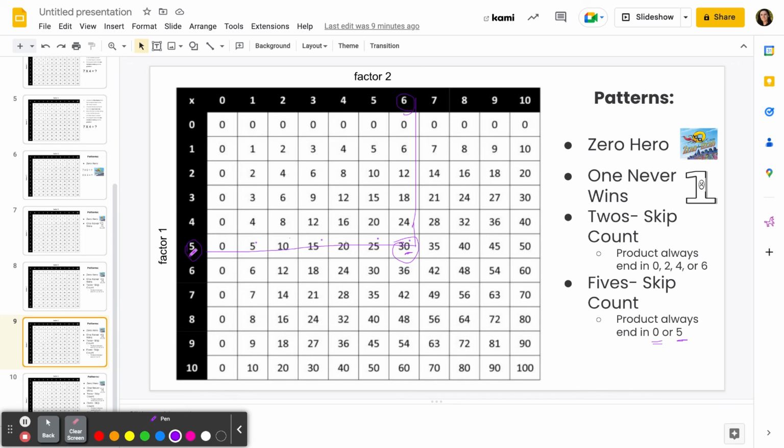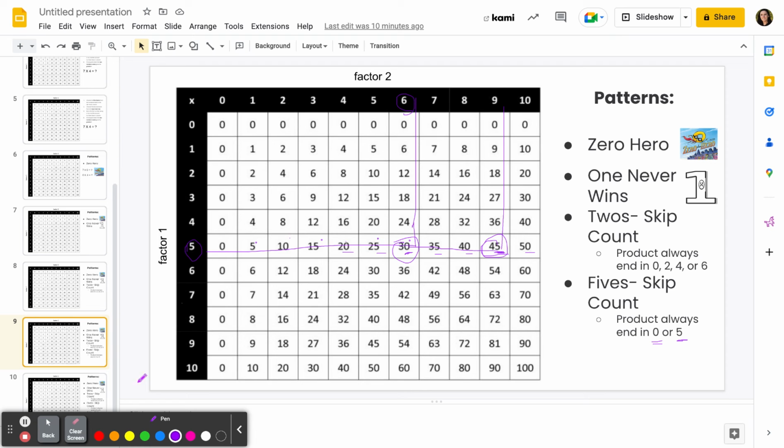Let's try 5 times 9. I'm going to skip count 9 times. 5, 10, 15, 20, 25, 30, 35, 40, 45. 5 times 9 equals 45. My product ends in 5. We always have a 0 or a 5 in our ones place.